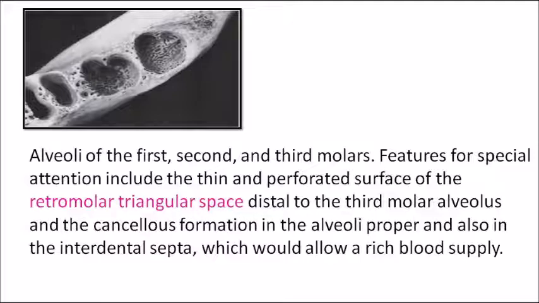Unlike the heavy cortical plate covering the surrounding area, the retromolar area has more cancellous bone. And apart from the retromolar area, in the alveoli proper as well as in the interdental septa, there are thin perforations in the region of the first, second and third molars, which allow a rich blood supply.